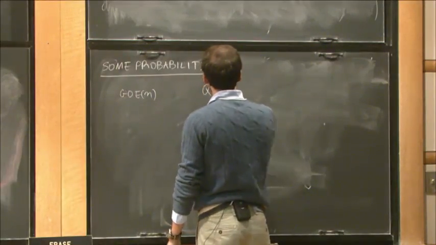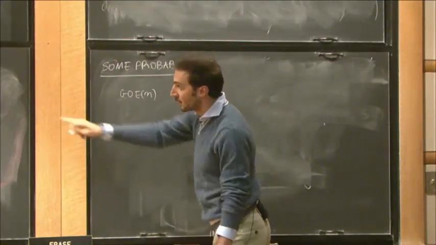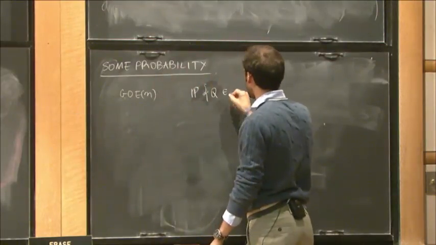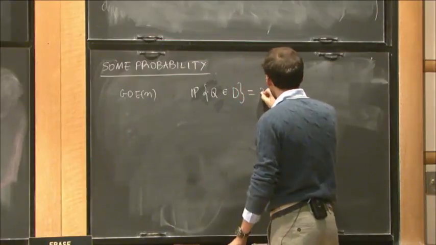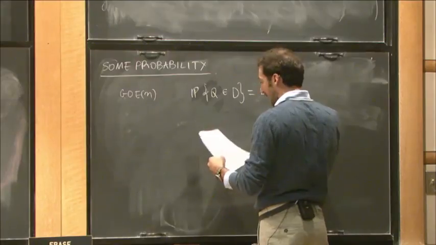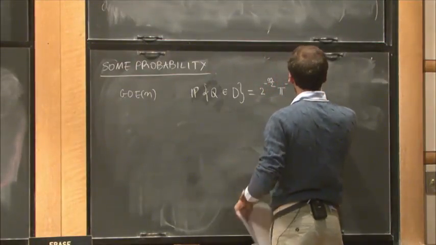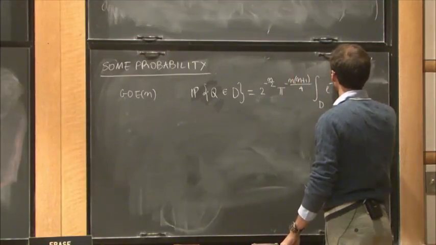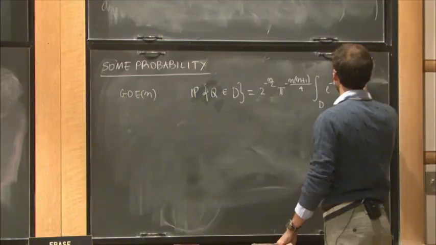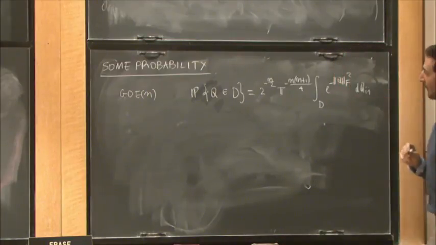So the probability, let me just recall this, that a matrix Q in the space of symmetric matrices belongs to some domain D is given by a normalization coefficient, n to the minus n alpha, and then pi to the minus n times (n minus 1 plus 1 over 4), and then the integral over this domain of e to the minus norm of Q Frobenius squared. And these are the matrix elements.